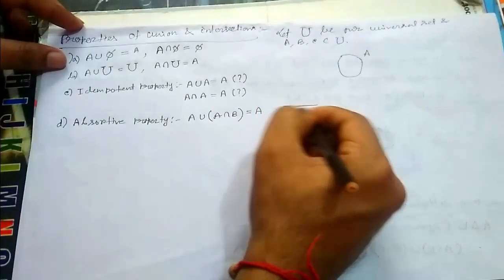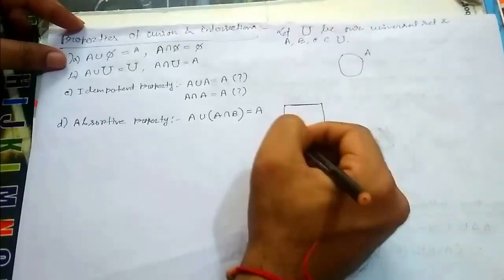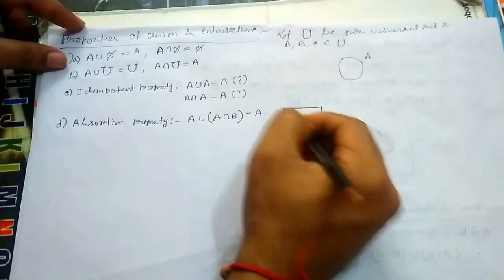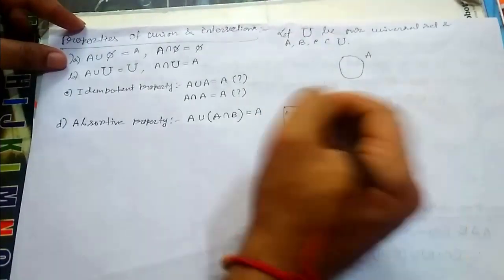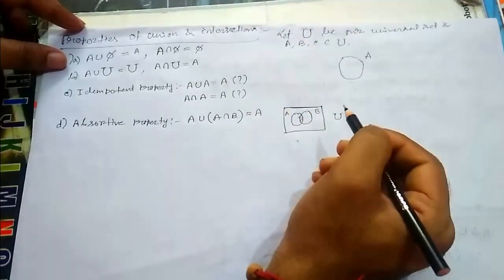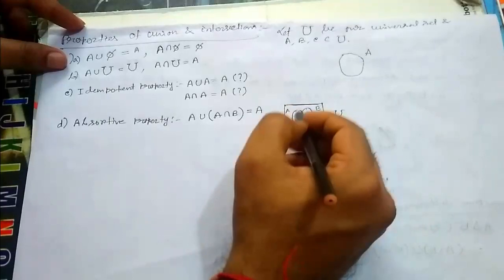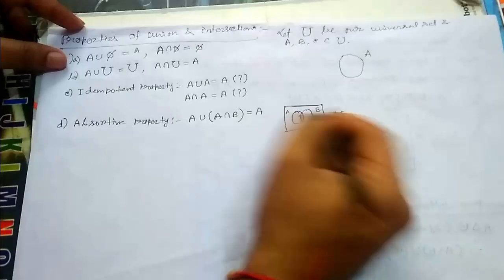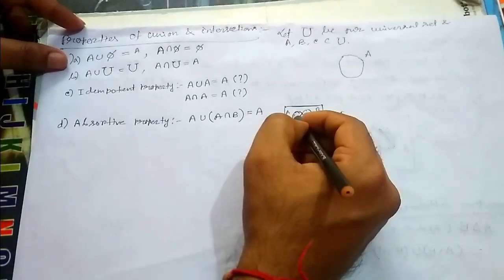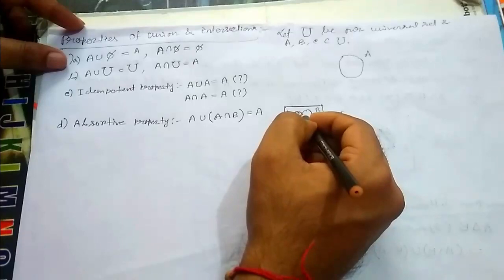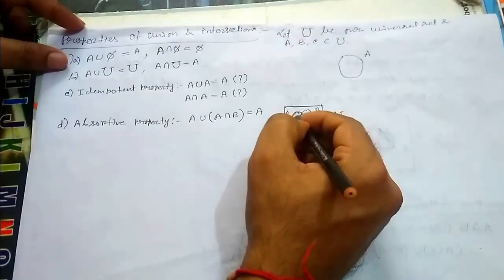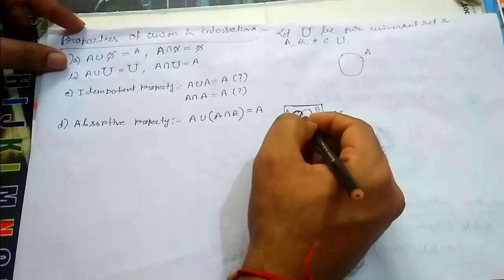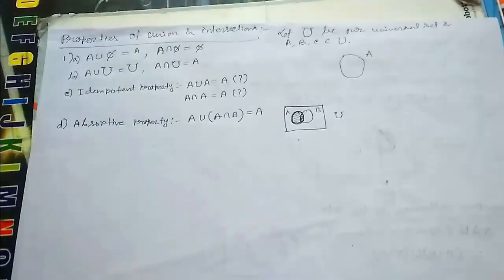See, if you draw the Venn diagram, this is our U. This is our A, this is our B. Fine, this is our A intersection B. Now if we take the union between A and A intersection B, then we will get this part along with this part. So there is no B's element.